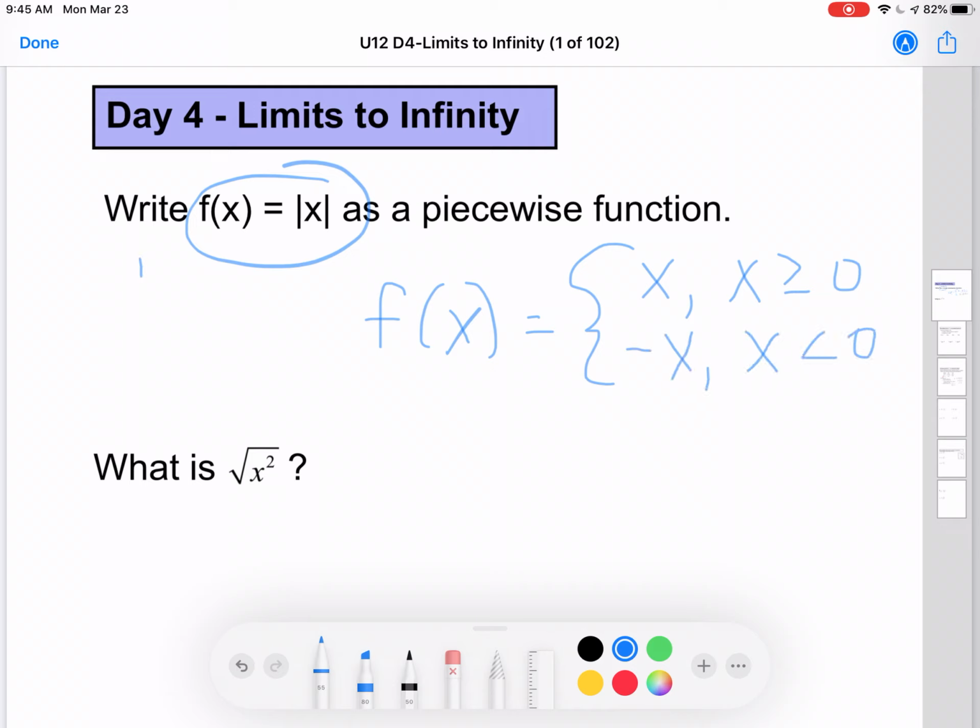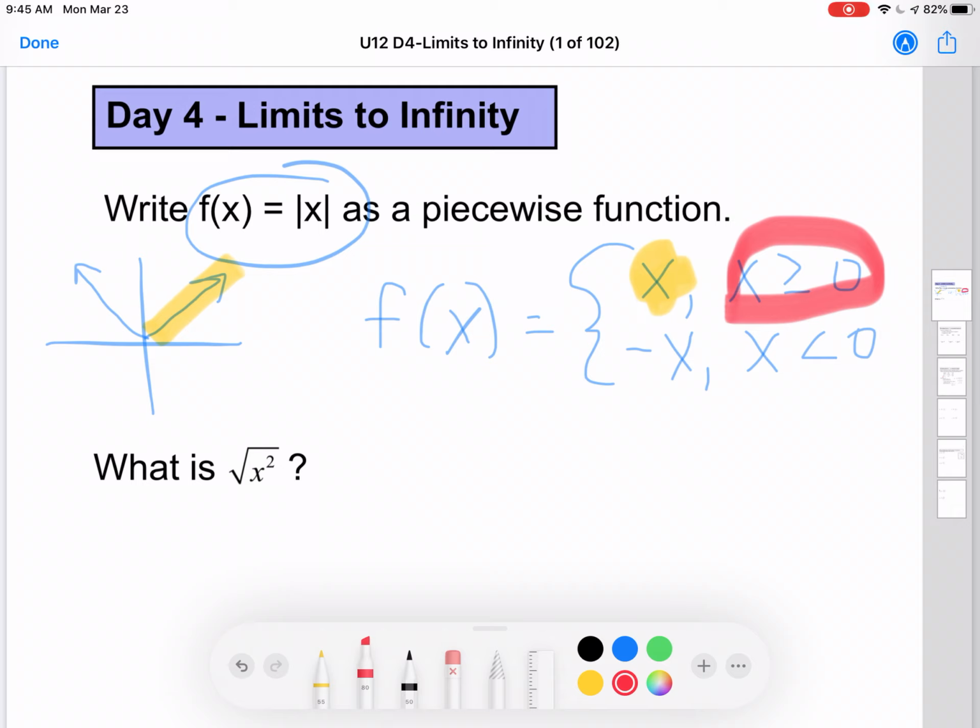And that was the case because here's our absolute value, and we can see that this piece is y equals x, and the domain is x greater than or equal to 0 because that's this way. And then we did y equals negative x, and the domain is x less than 0 because we're going this way.